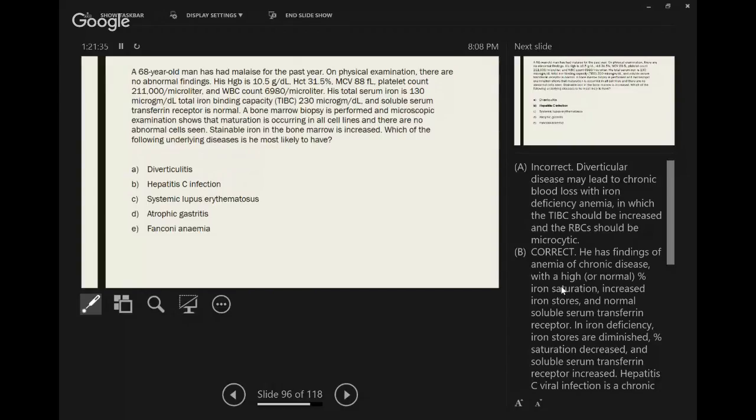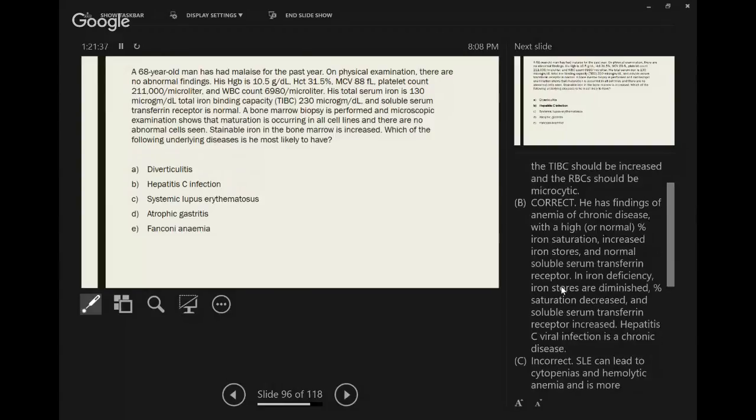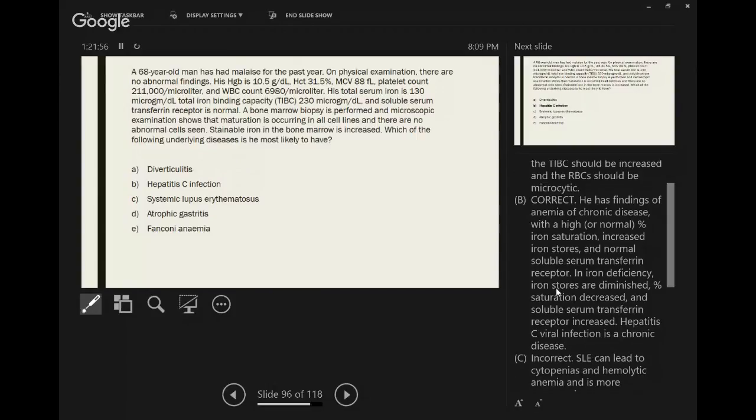Oh, give me a sec. Sorry, I don't have references. Hemoglobin's low, hematocrit's low, mean cell volume's normal. His platelets are normal, white bloods are normal. Serum iron is actually increased. No, it's not, it's decreased.